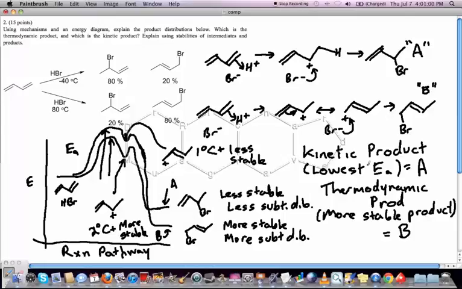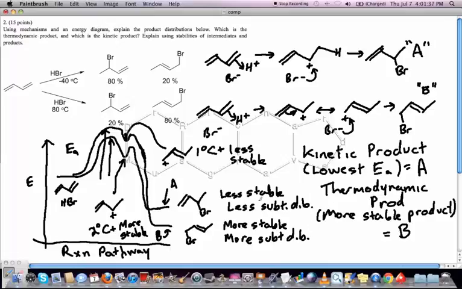So just to summarize what I'm talking about, kinetic products, we're talking about activation energies, and we're always in this region of the energy diagram. And when we're talking about thermodynamic products, then we're talking about the more stable product, which is over here in this area of the energy diagram. And B is the more stable product than A because it has a lower energy. Remember, this is energy on this axis, and energy is increasing, so B has a lower energy than A, which makes it more stable. And so we can see what the kinetic and thermodynamic products are here.